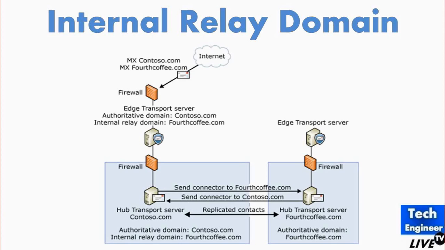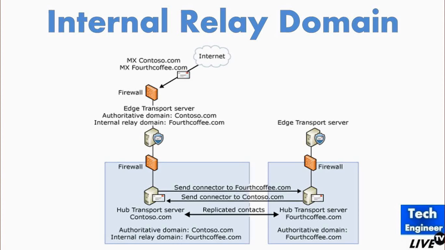If the mails are for Contoso.com users, they will be stored in the Contoso.com mailbox. But if it's for FordCoffee, then it will be moved to FordCoffee's mailbox system. And that's why the SMTP connector to FordCoffee and Contoso's SMTP connectors are configured over there.